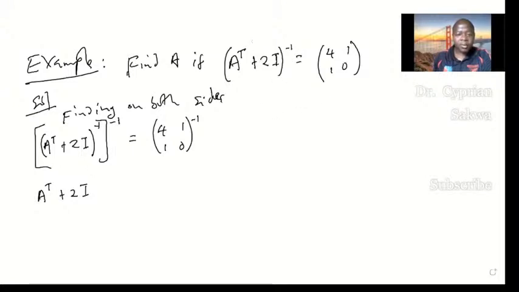So what we need to do is find the inverse on the right side. First of all, you must get the determinant. The determinant of 4, 1, 1, 0 is 0 minus 1, which is negative 1.